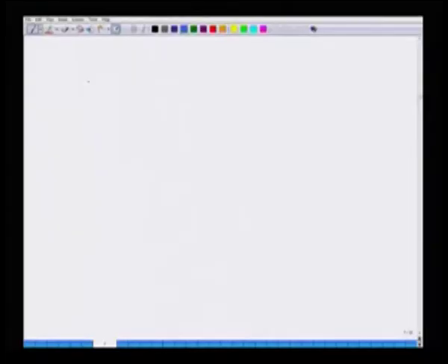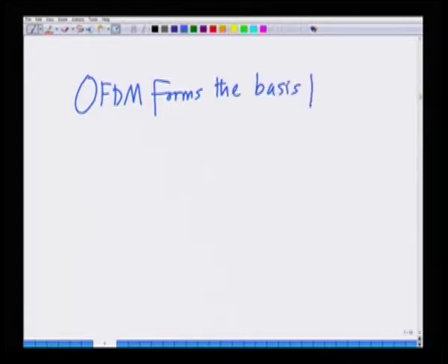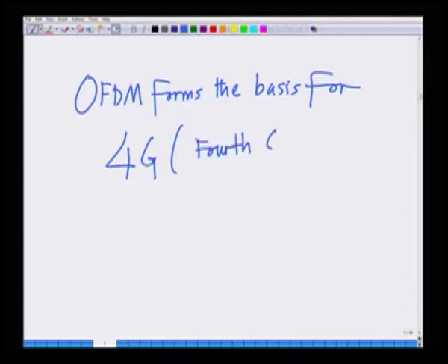So, OFDM is very important because OFDM forms the basis for futuristic 4G or fourth generation wireless communication systems.